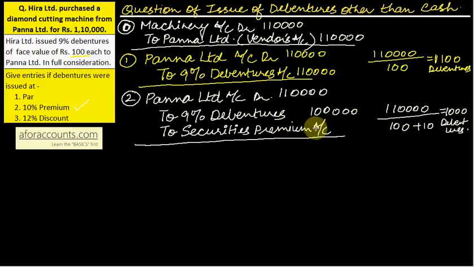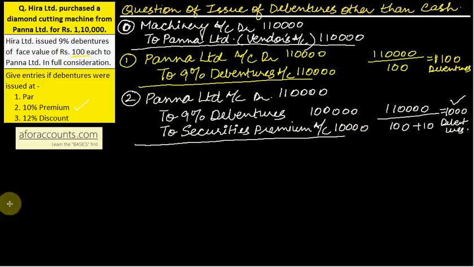And to securities premium, 10 rupees है प्रीमियम, सो 1000 into 10 is 10,000. And being 1000 debentures issued at premium will be your narration. Being 1000 debentures issued at premium, you can write the premium 10% premium.